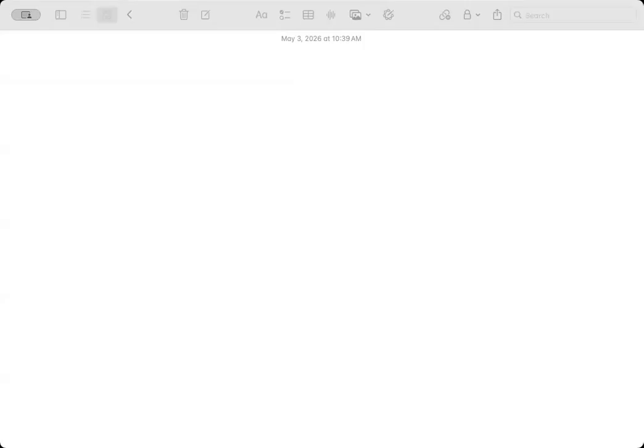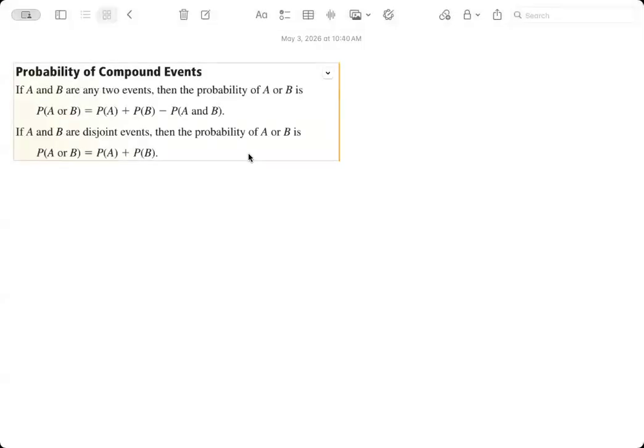How about this? See, probability of, okay. This one is quite important as well. When there are two events, the probability of A or B is always probability of A plus probability of B minus probability of A and B occurring.